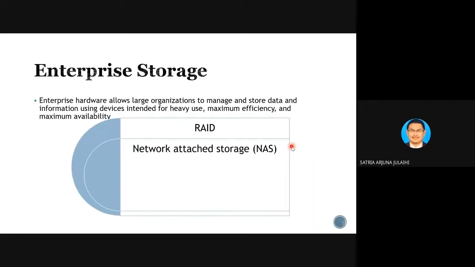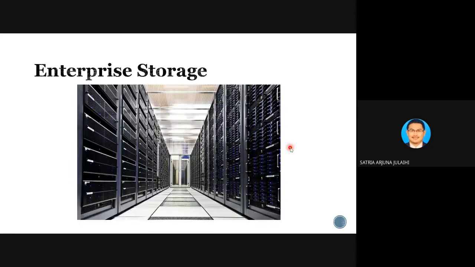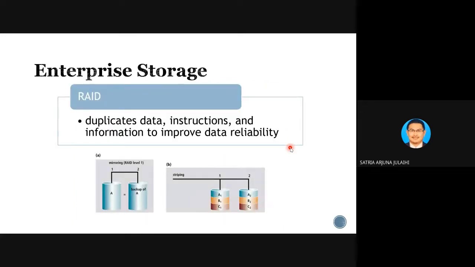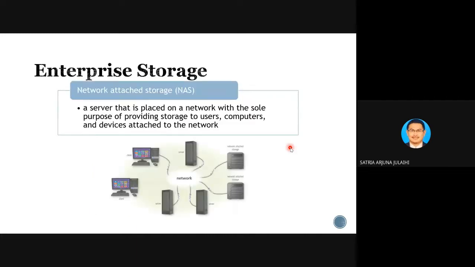Okay, enterprise storage. Enterprise storage is a big size storage for an organization. These are examples of enterprise storage. Okay, RAID, I will not go into detail on this one. Network attached storage, you can see here the network.